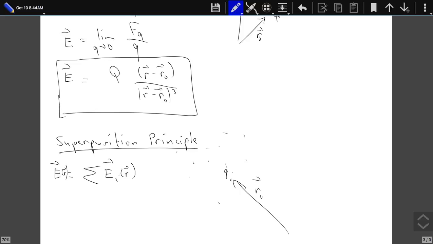Gravity doesn't exactly have it, but it is approximately true. In Newtonian gravity, this principle holds. But if you have black holes or objects that have a very strong gravitational field, the superposition principle does not hold. Neither in the strong force nor in the weak force do we have this superposition principle. Only in electromagnetic theory do we have it.